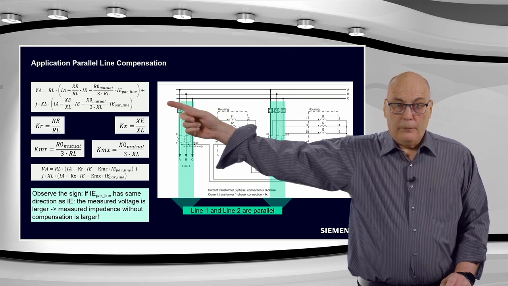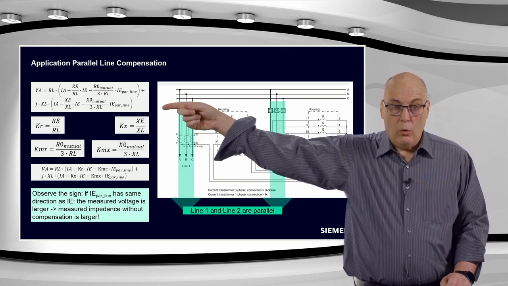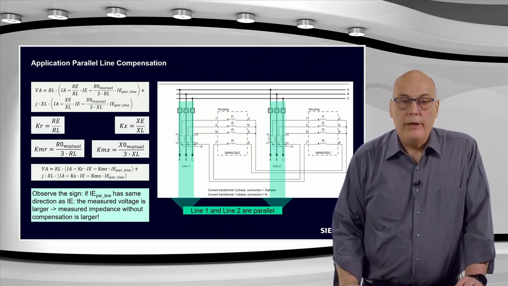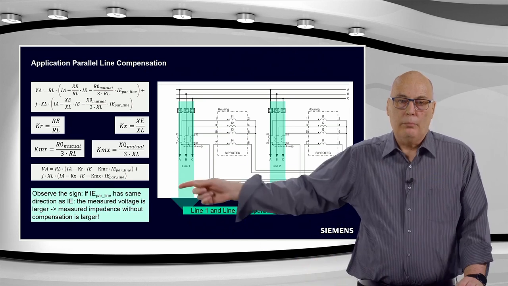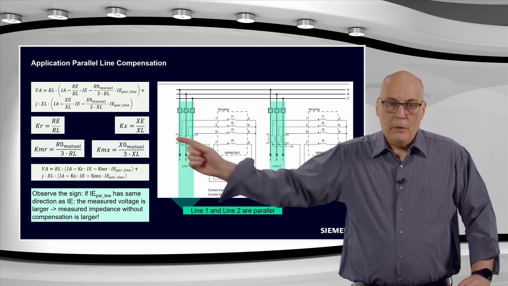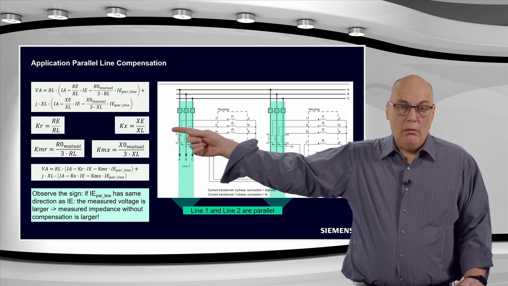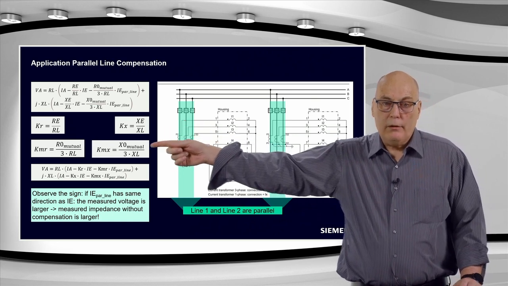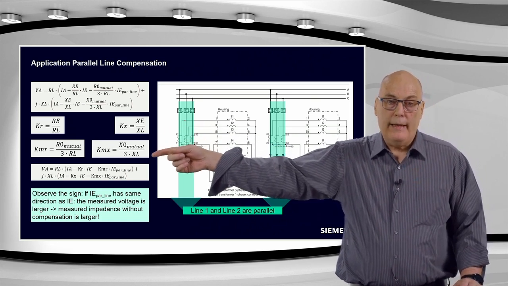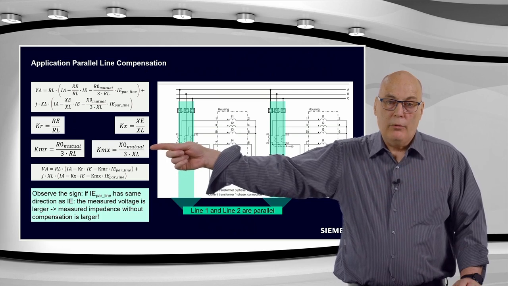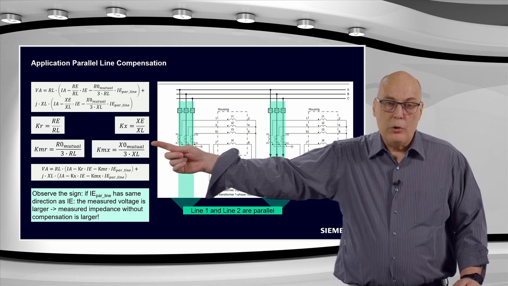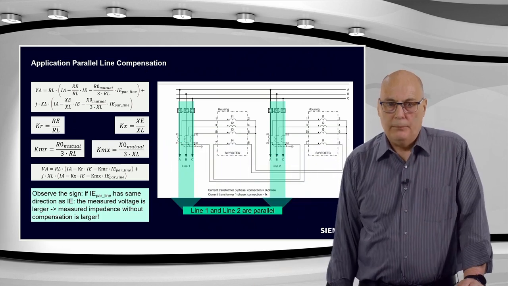From that, you can now see that that R naught divided by 3 times RL, that is going to be our mutual coupling or KMX factors. Similar to the KR and the KX factors, you calculate, if you have a parallel line, a so-called KMX, that is for the zero sequence mutual coupling consideration.